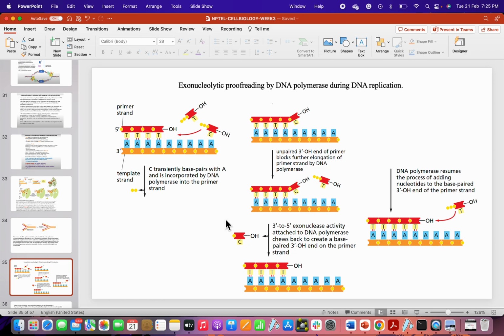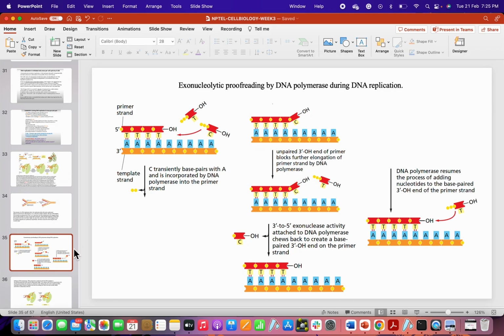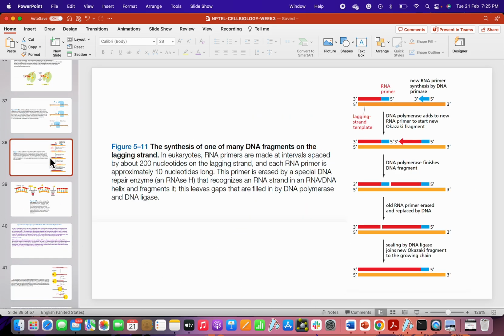So these are the enzymes important for DNA replication. Also others like DNA ligase, when we need to seal two ends of DNA, we need DNA ligase. And other enzymes, if you consider, to remove those primers we need RNase H. This is also a DNA repair enzyme.